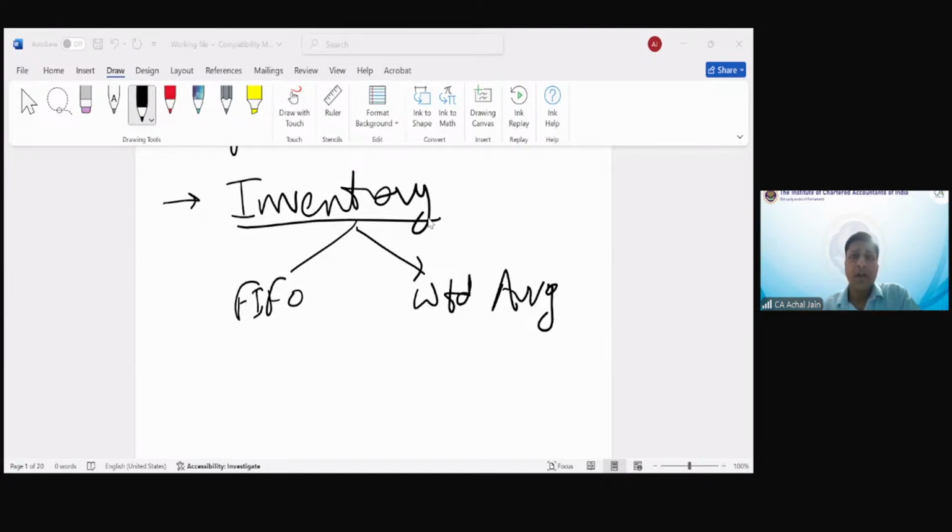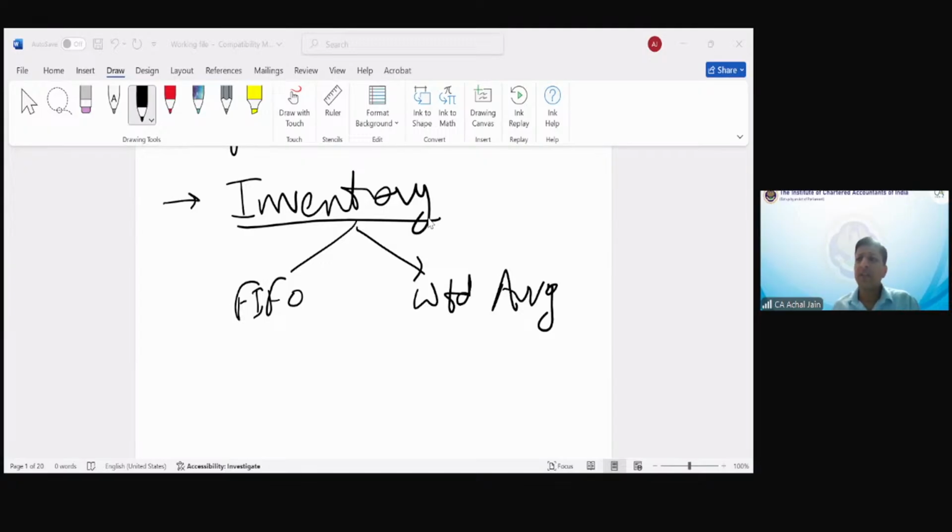Let's suppose in a particular year, company is recording inventory at FIFO. Let's suppose after 2 years, they change it to weighted average. Then again, you see a change, company moving back to FIFO. Will that be appropriate? Answer is no. Why? Because in such a case, consistency is not there.